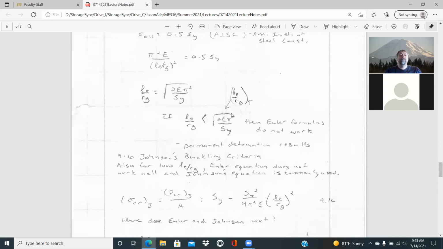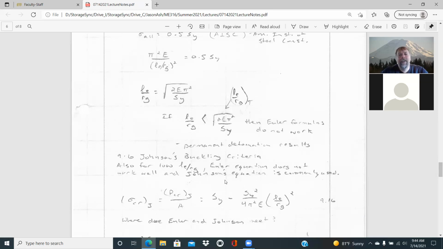And for those cases where Euler's formula does not work, there's Johnson's buckling criteria. For what we're going to do in ME 316, we're going to focus solely on Euler's formula for long, slender beams. And I'm just giving you some insight into the Johnson criteria and a preview of what you'll be looking at in machine design.